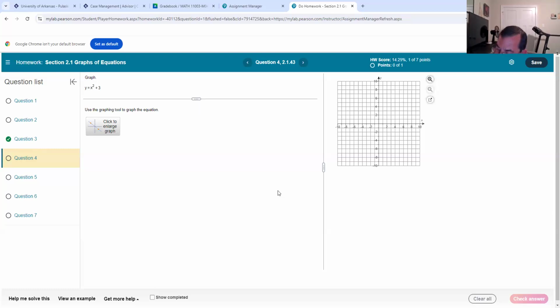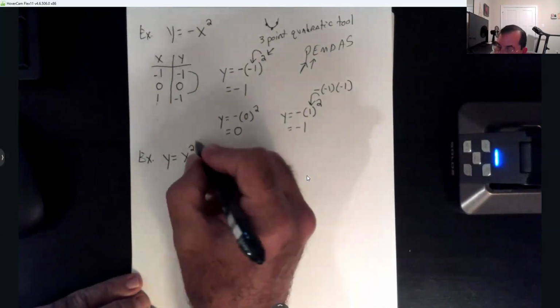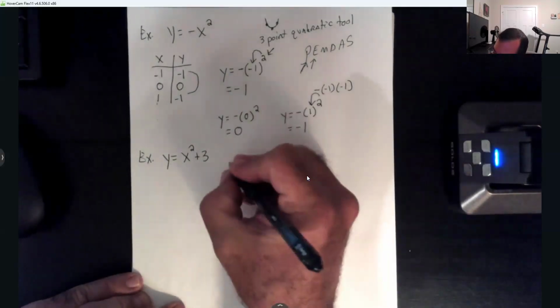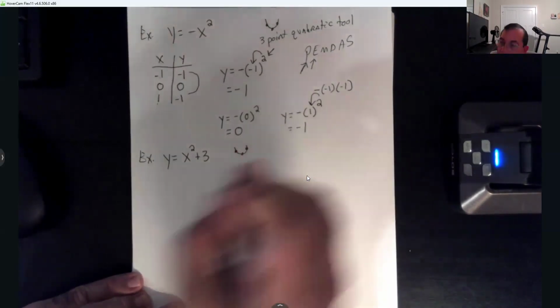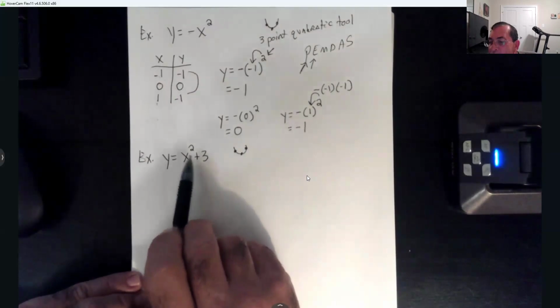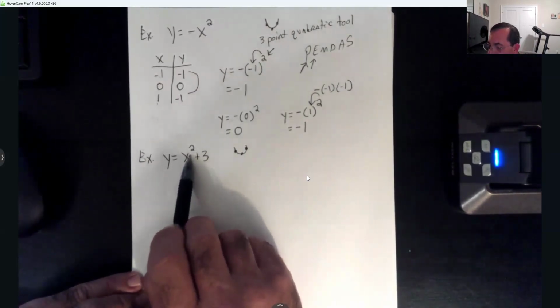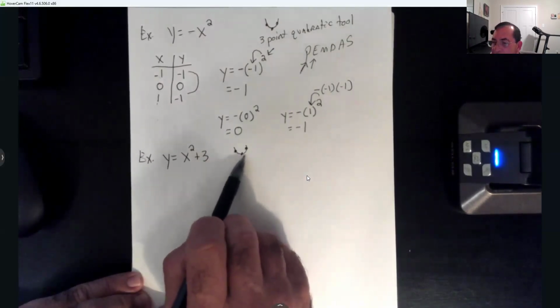Y'all, this is pretty much the same thing. Y equals x squared plus 3. So it's still got this x squared term in here. So this is still going to be our 3-point quadratic. The exponent that's the largest for your function is always going to determine the shape of these graphs, okay?